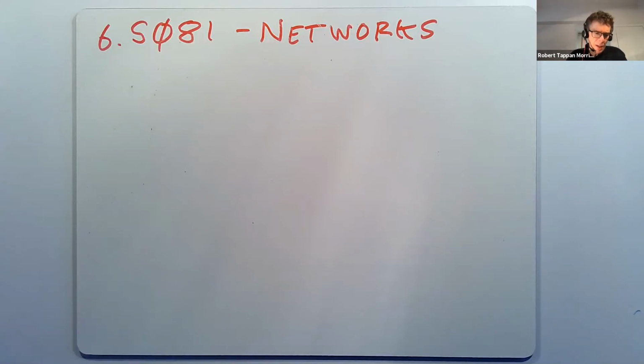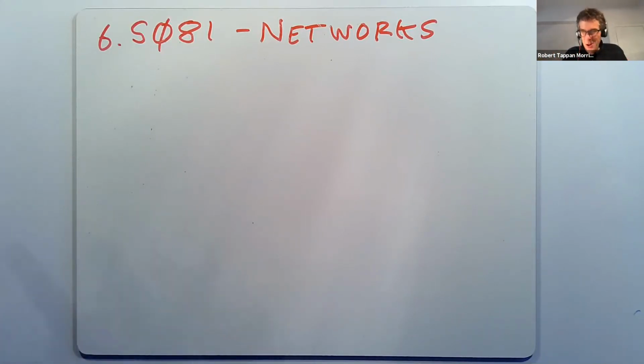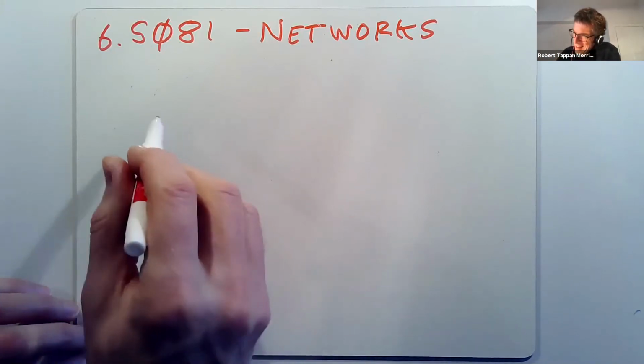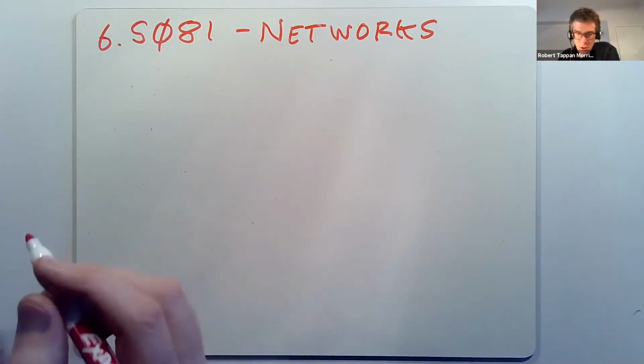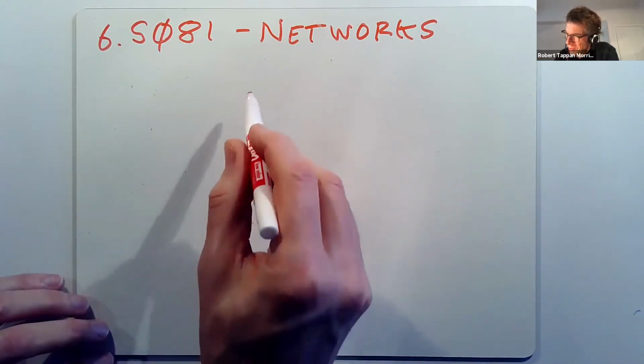So first, let me set the general scene by drawing a few network pictures. The network, of course, connects up different hosts. There's kind of two ways in which you can view the connections as occurring.